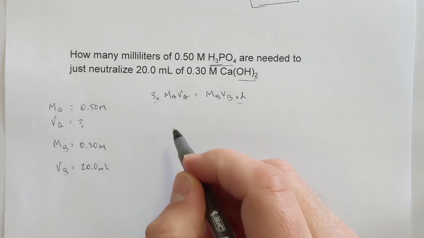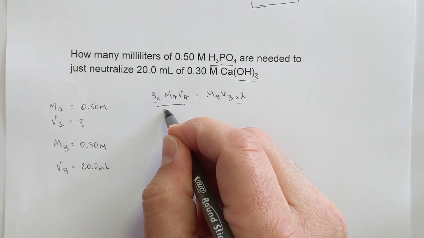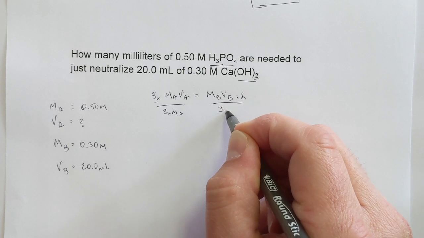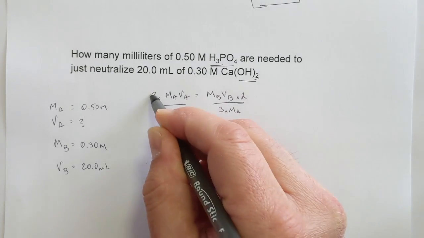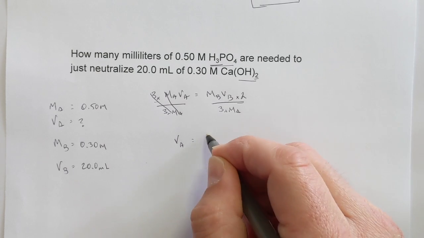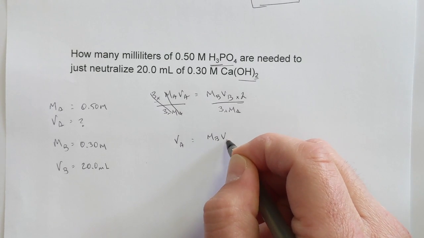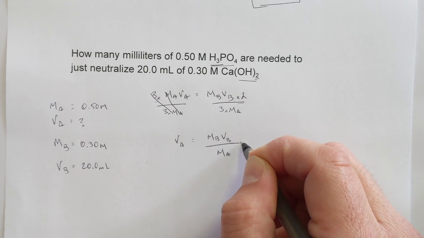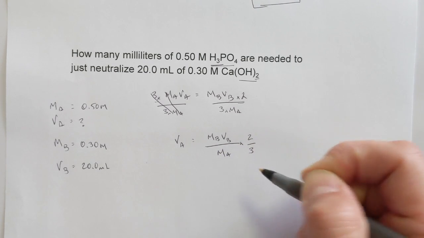All right, so now I'm trying to find VA. I will divide by 3 times MA. That leaves us with the volume of the acid is equal to MB times VB over MA times 2 over 3.